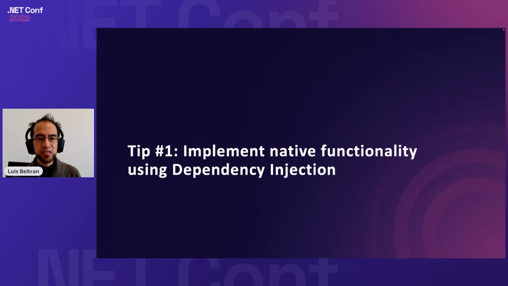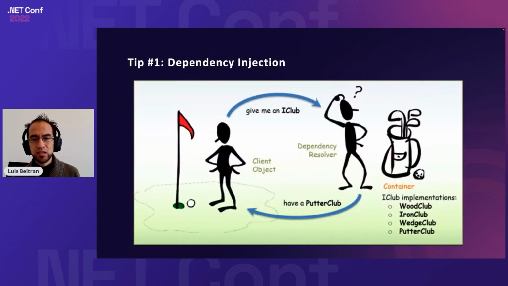So the first tip is, if you are going to implement native functionality, use dependency injection, which is a built-in capability in .NET MAUI. As a brief summary, dependency injection is a technique in which an object or a client receives other objects that they depend on, for example, services.